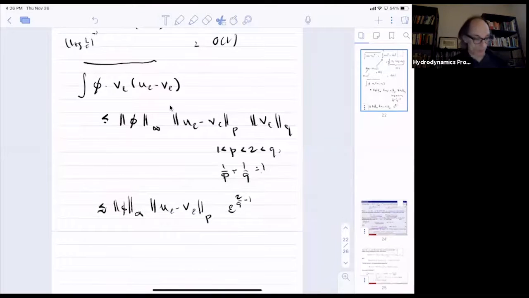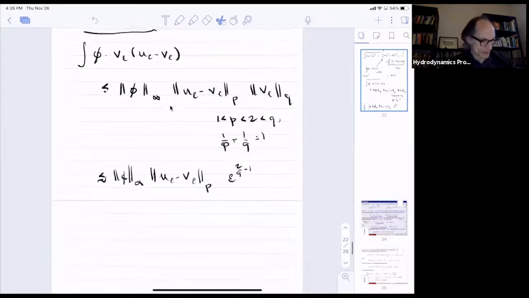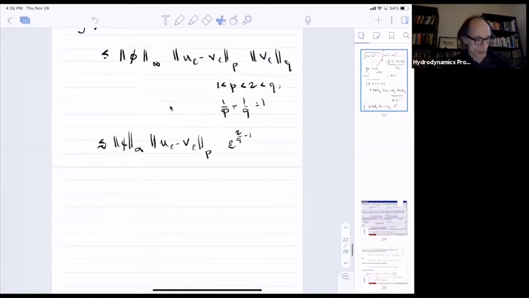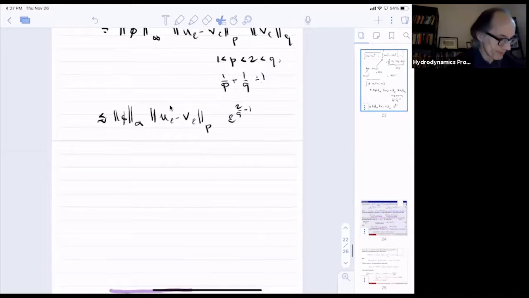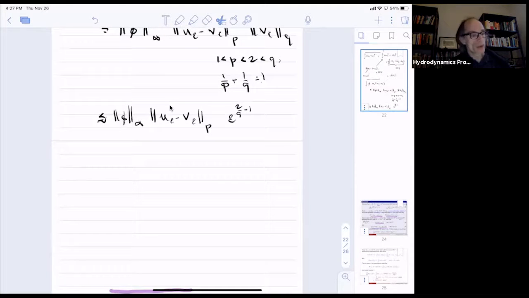And what about u minus v? So for this, here's what I would like to do, and I can't quite do it. What I know about u minus v is that I already have controlled the L2 norm. I know that the L2 norm is bounded. But this is divergent.